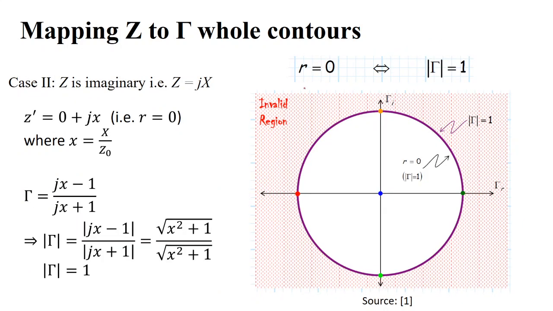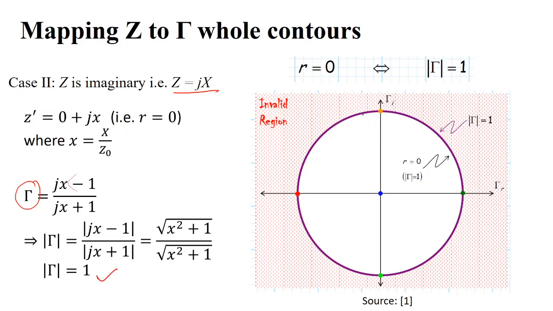Now, if R equals 0, we have already discussed, if it is purely imaginary, then you have X over Z naught, and this will be jx minus 1 over jx plus 1. So what is the reflection coefficient? It depends upon these two. But if you take the amplitude of this one, it will be constant.